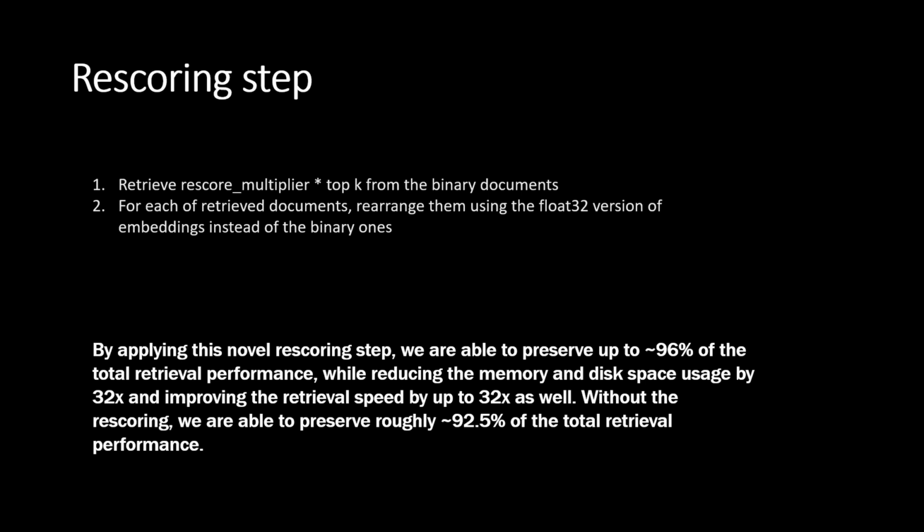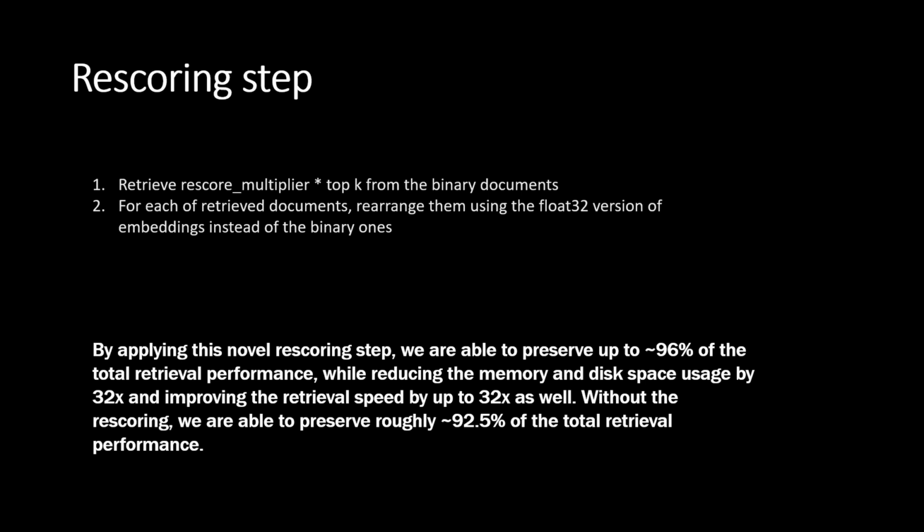So if your top k was 5, 4 times 5 is 20, so now you have 20 shortlisted binary documents. Now, instead of using the binary representation for re-ranking your documents, you use the float32 version of them to re-rank them, and using this, you don't have to use the float32 representation of all the documents in your vector database.